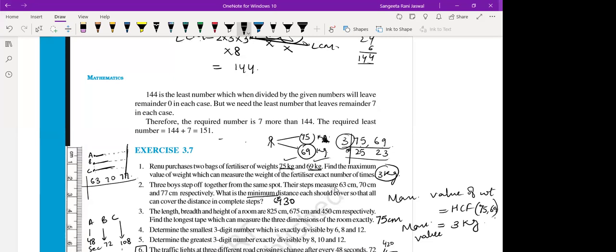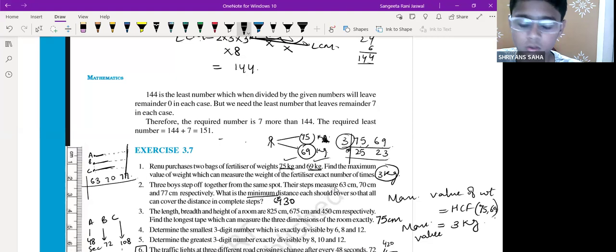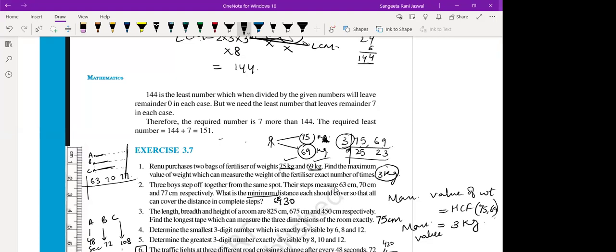So don't only go on these words, maximum, highest, utmost, okay? For minimum, the words are normally written as minimum, least, smallest, these kind of words. These words are of some help to you, but don't only go on these words, okay?